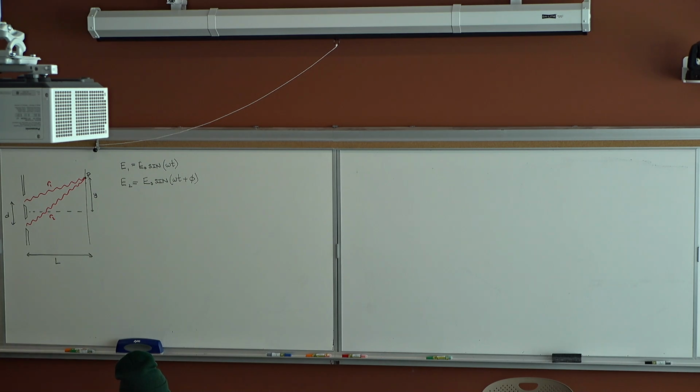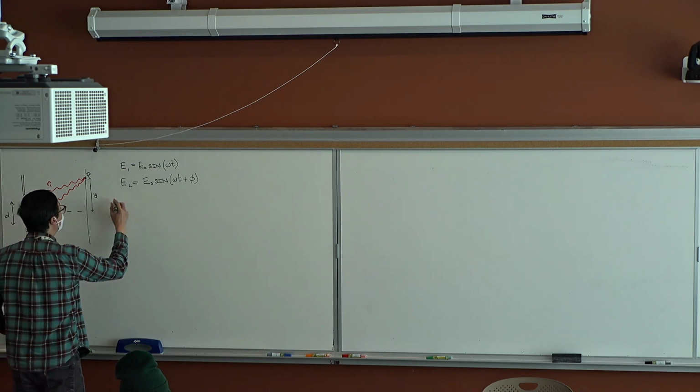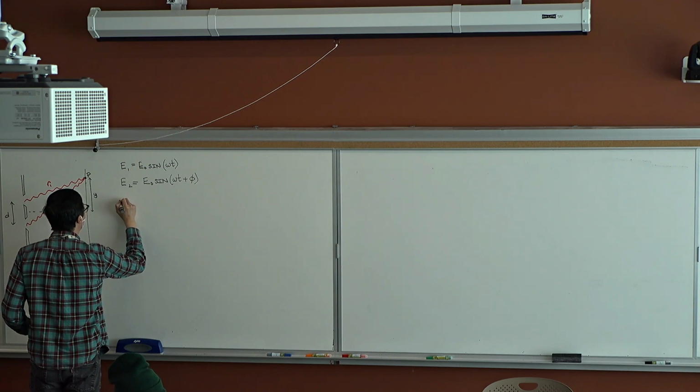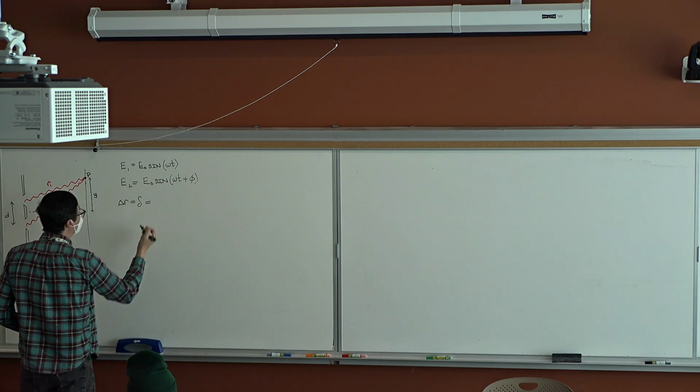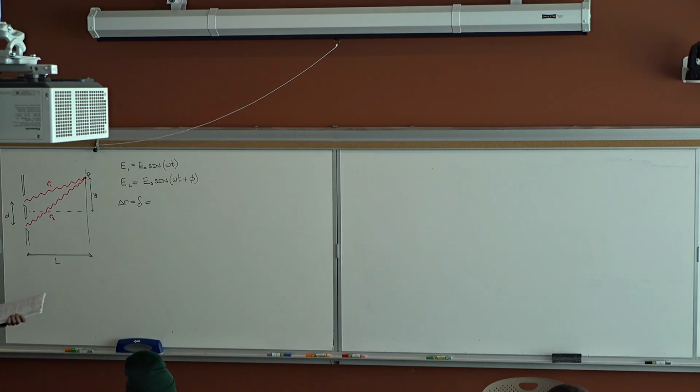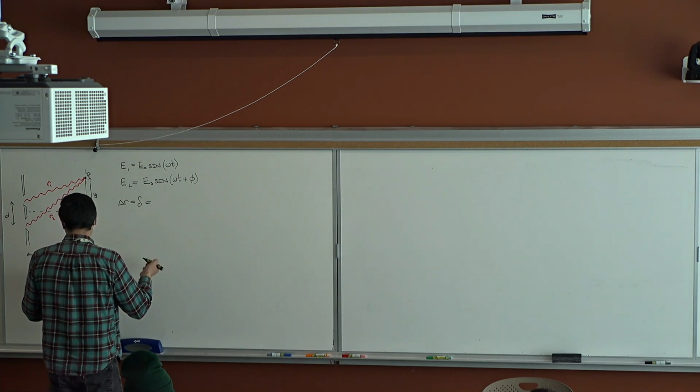We could describe the extra travel length, delta R, however you want to call this, R2 minus R1.